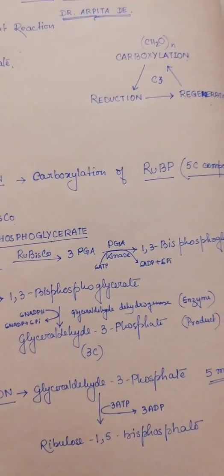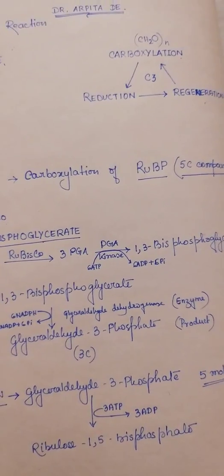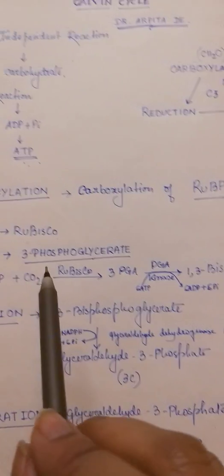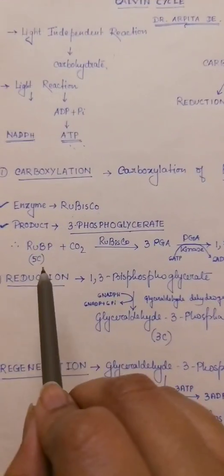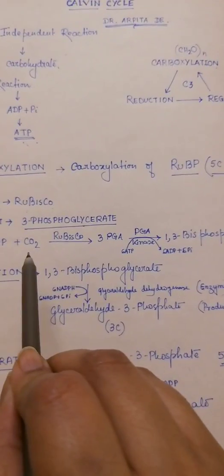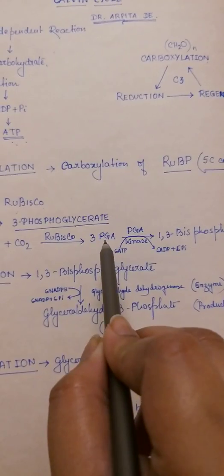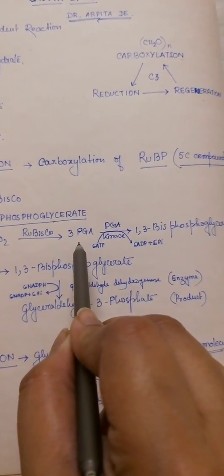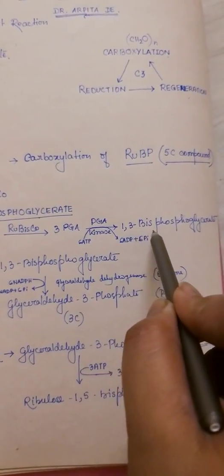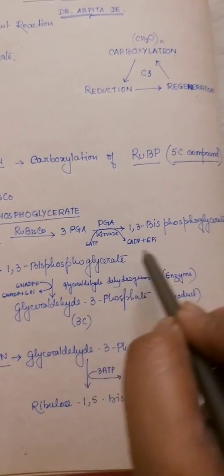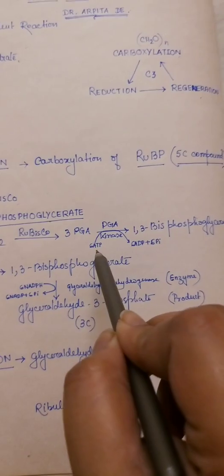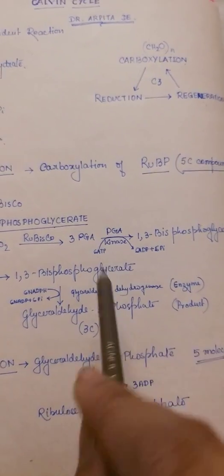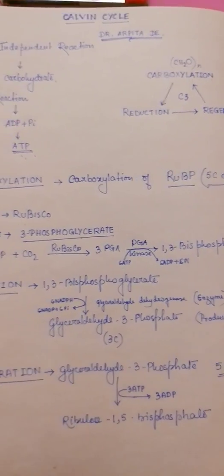This reaction is catalyzed by RuBP oxygenase carboxylase, or that is Rubisco. Now, this 5-carbon compound, after combining with CO2, gives 3-PGA or 3-phosphoglycerate, which in turn forms 1,3-bisphosphoglycerate. This reaction is mediated by the enzyme phosphoglycerate kinase, and here we get to see 6 ATP molecules are used, forming 6 ADP.